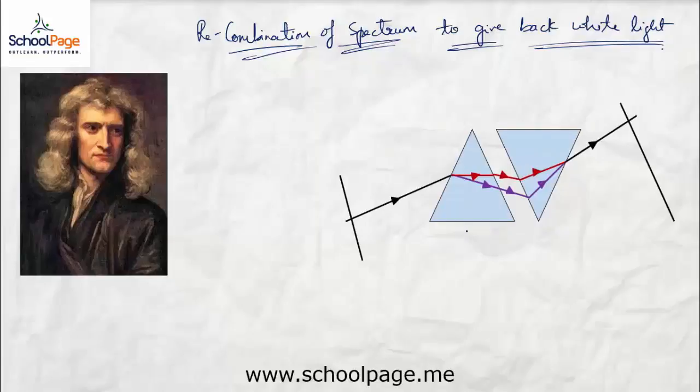So Newton took 2 prisms, prism 1 and this is prism 2. The first prism was placed on its base and another similar prism is placed next to it in the inverted position on its vertex, so that its refracting surface is in the opposite direction.